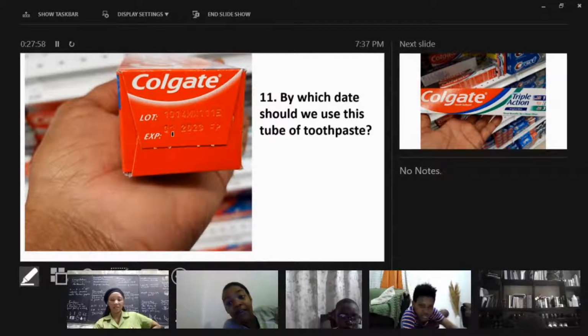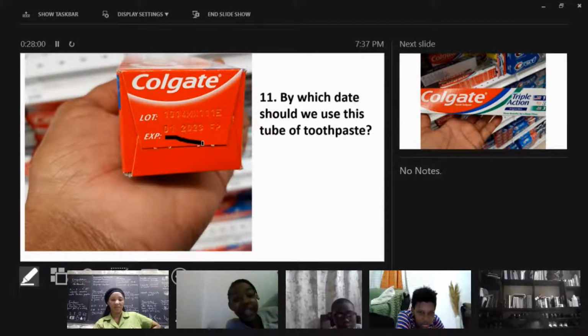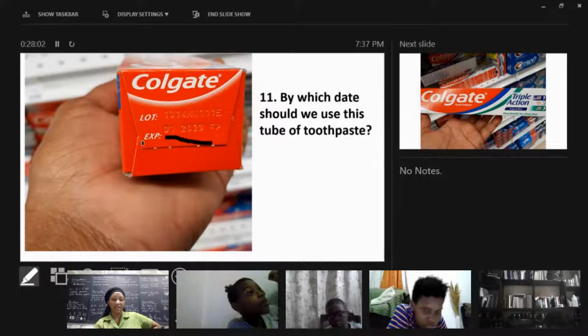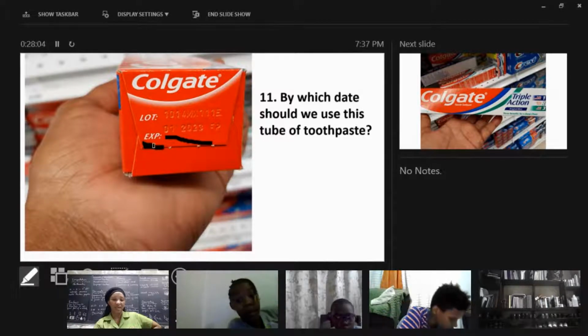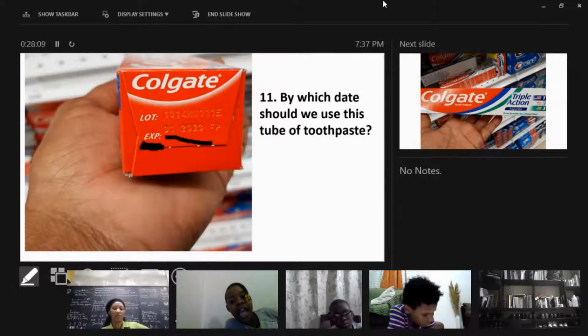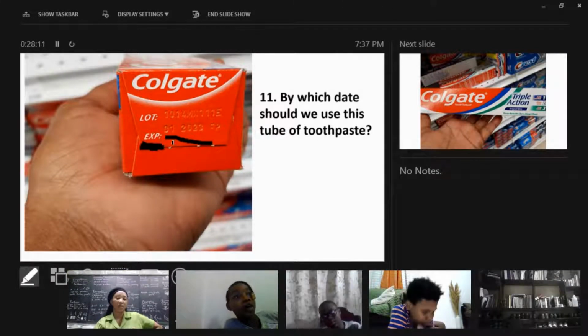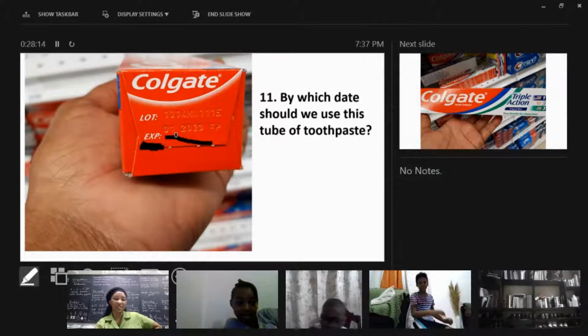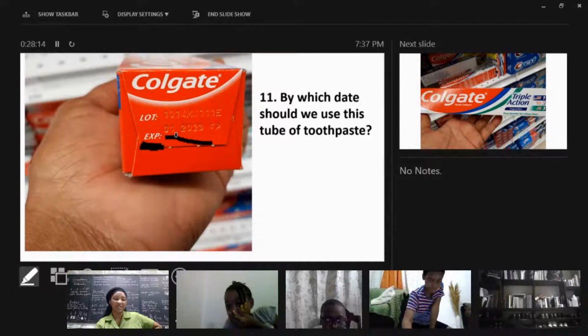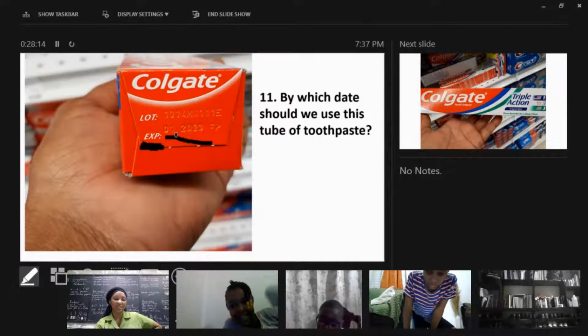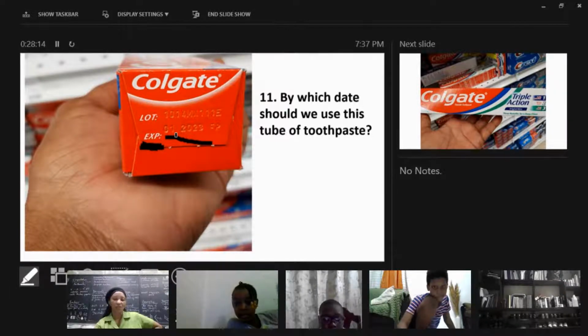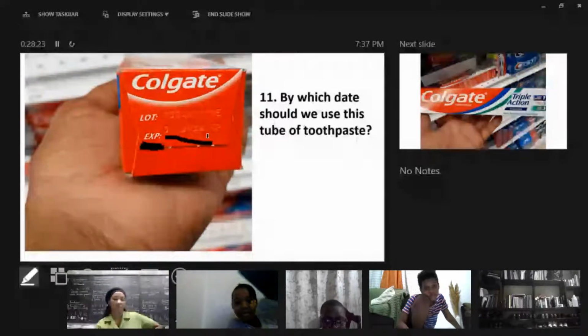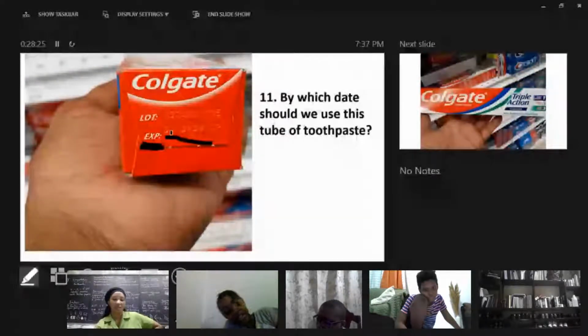All right. So we have 01. EXP means expired. It will expire by this date, right? Yes, Miss. All right. So this is 01. Which month is that? January. So that's January 2020.